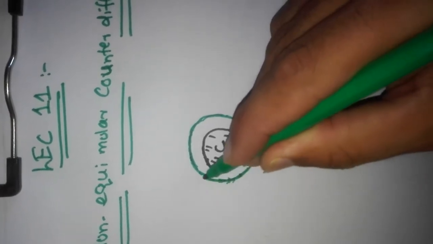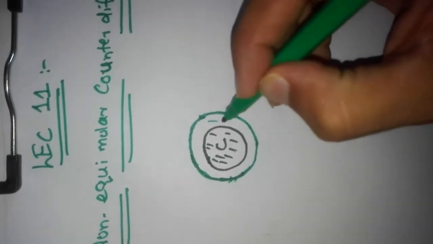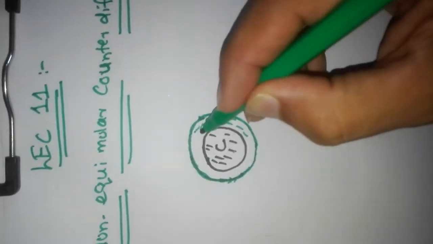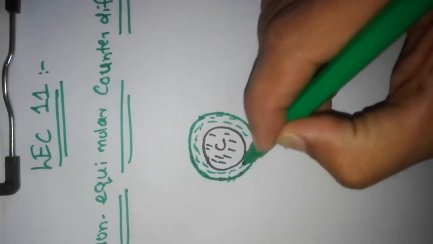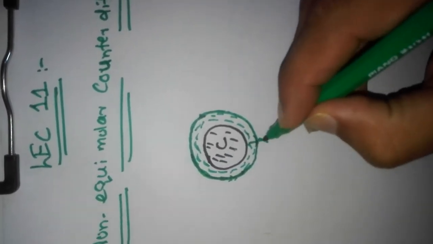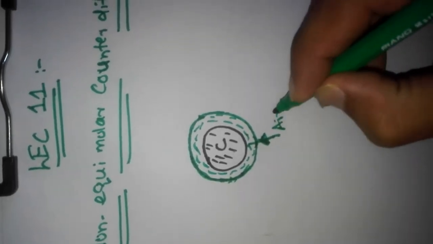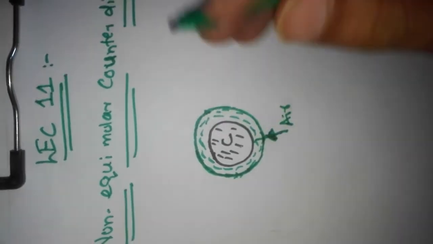Suppose this is the carbon particle and this is the stagnant layer of air which surrounds the carbon particle.